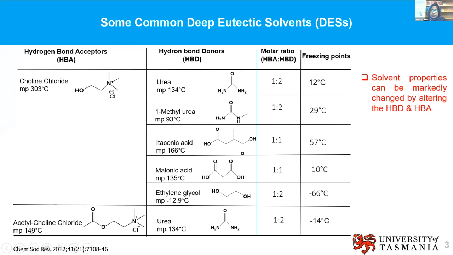While if you use acetylcholine chloride, it's more reactive, and this can form with urea, their freezing point is -14 degrees centigrade. And by changing this hydrogen bond acceptor and hydrogen bond donor group, we can alter the solvent properties of both.